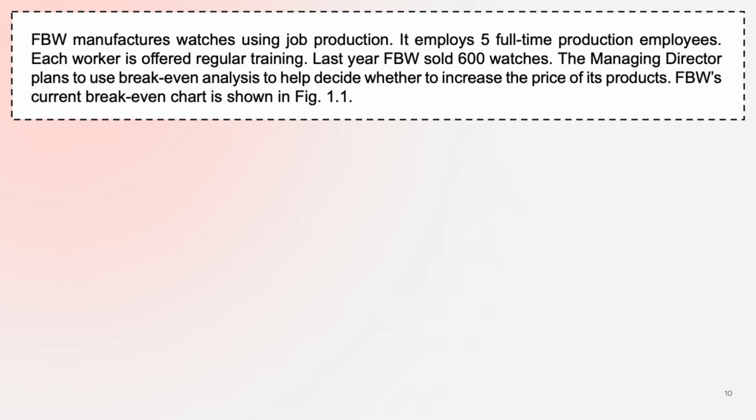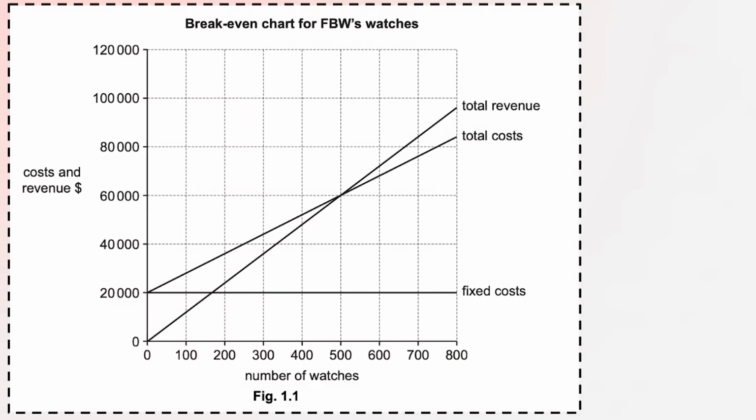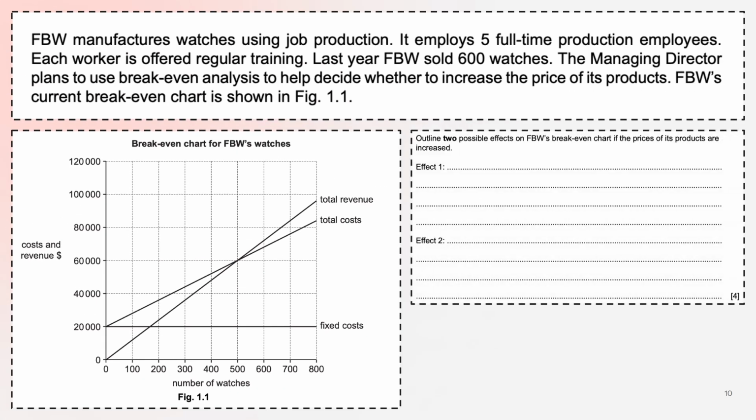Let's take a look at Figure 1.1. Here it is. Take a look. Immediately, you should be able to point to the break-even point. Immediately. Where do you think it is? That's right. It's at 500 units produced. 500 watches. And it's at $60,000 in cost and revenue. So let's take a look at this question.